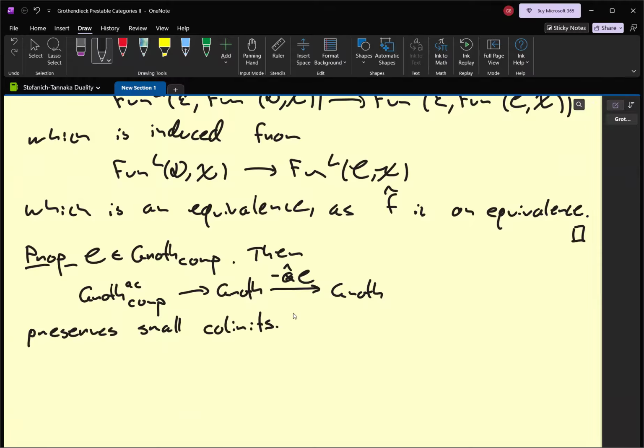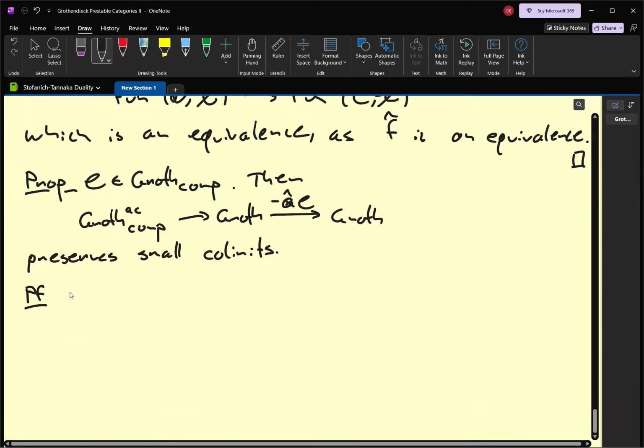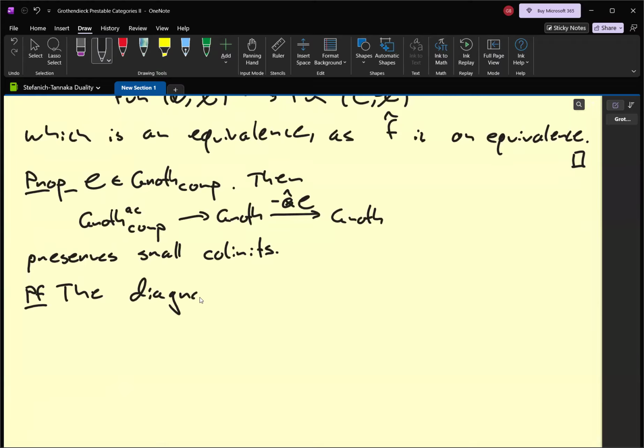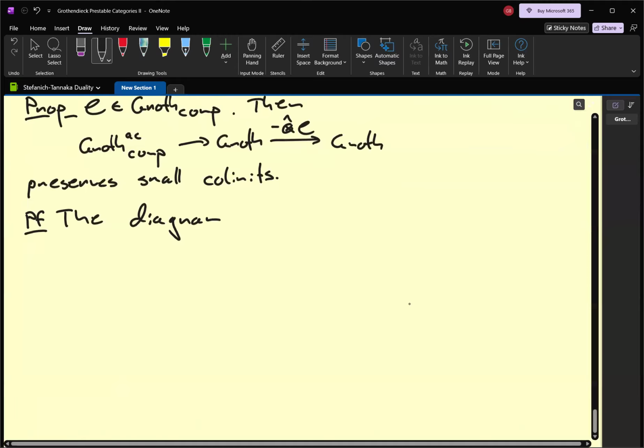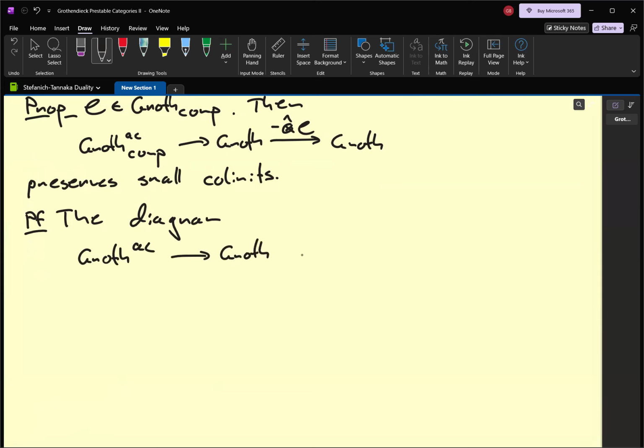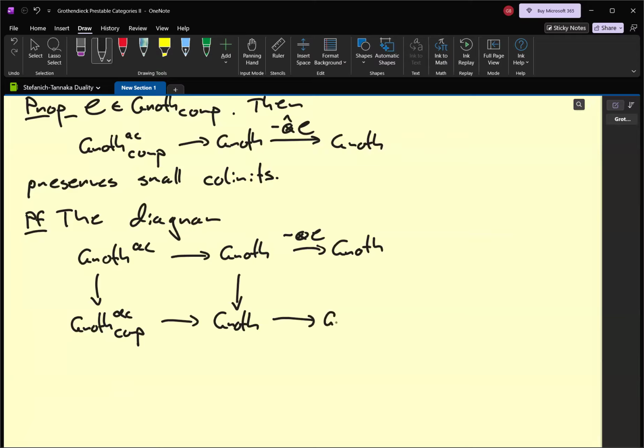So again, here we will just consider the following diagram, and this commutes.